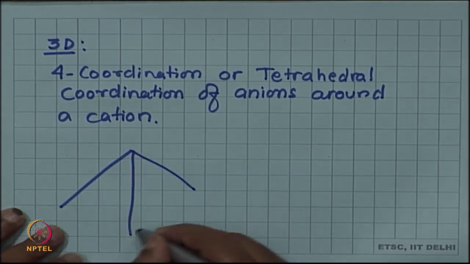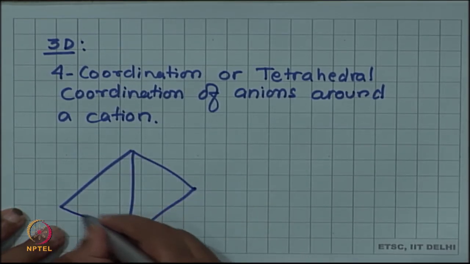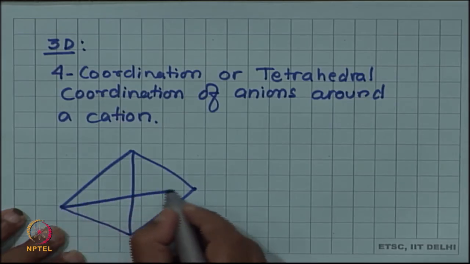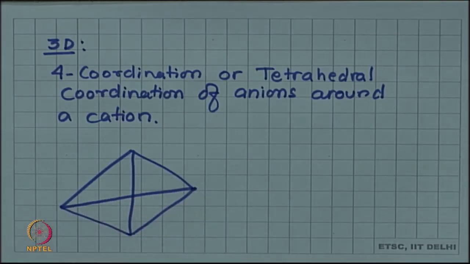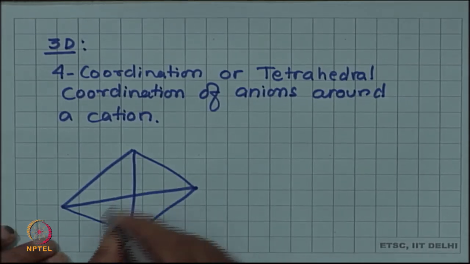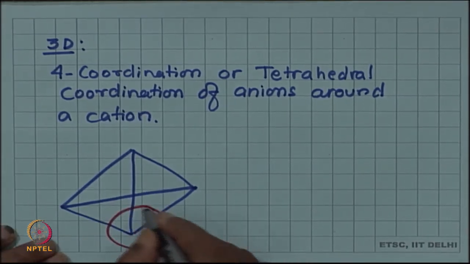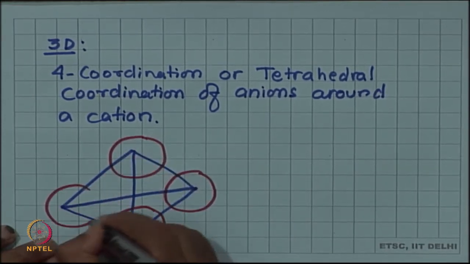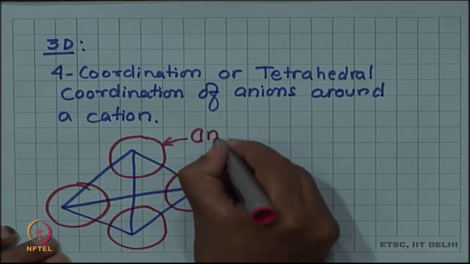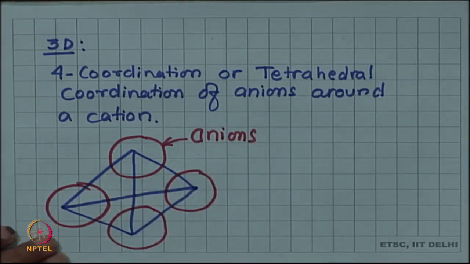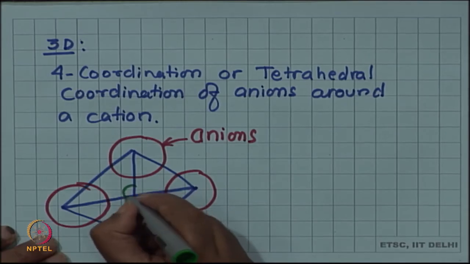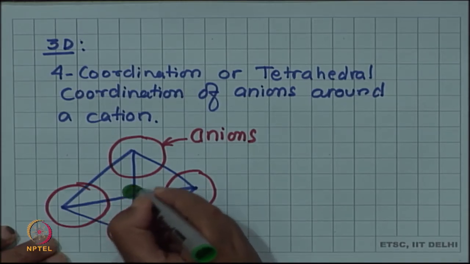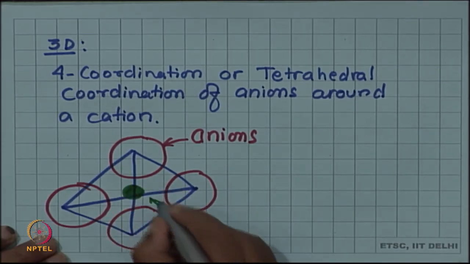This geometry we have already done when we were discussing close packed structure. We came to tetrahedral voids. We said that four atoms can be sitting on the vertices of a tetrahedron. In this case, they will be anions and there will be a central cation.